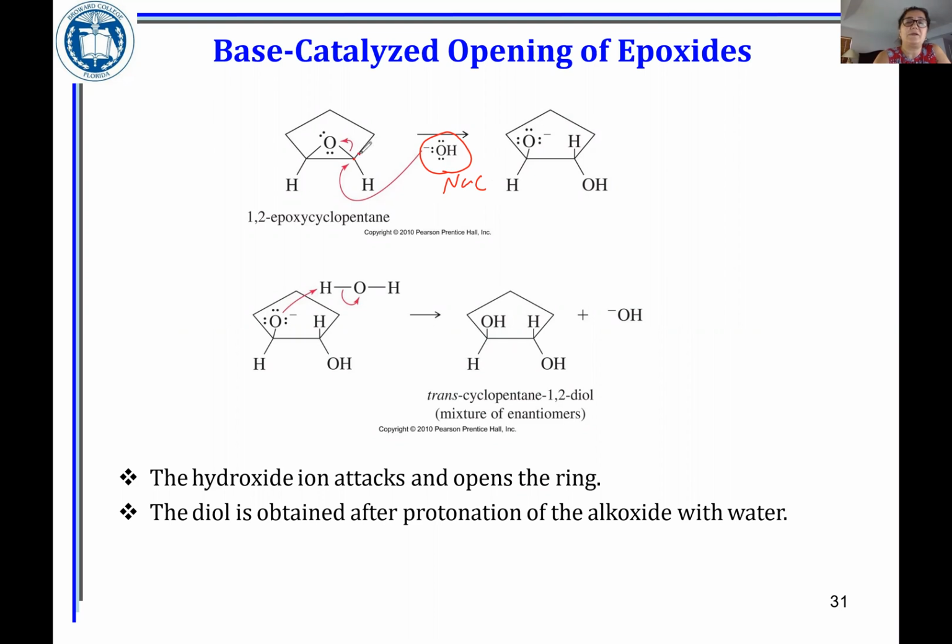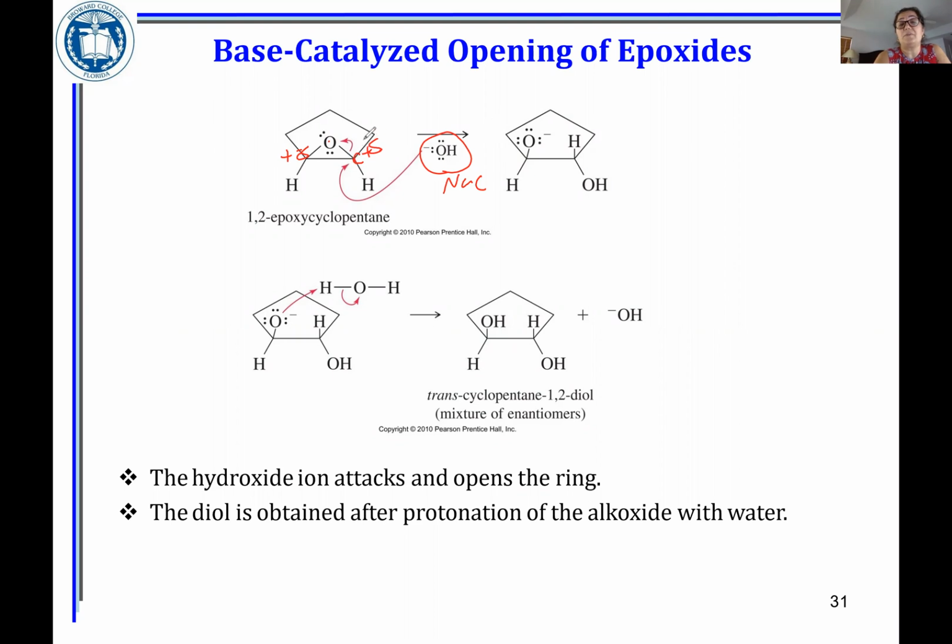A carbon with some positive charge, and what gives the carbon positive charge is the oxygen, because oxygen has high electronegativity and is attached to this carbon. This carbon is also partially positive. So when you bring the nucleophile, it's going to attack this.